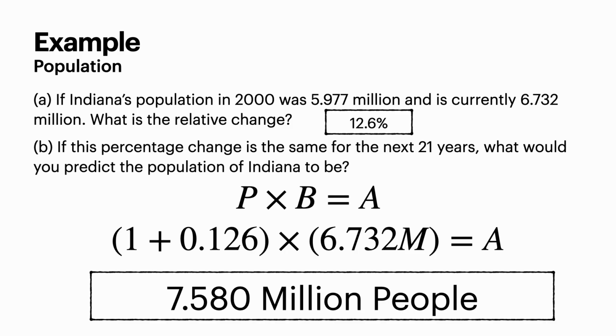So we plug this information into the formula. It grew 12.6, so if it's going to grow 12.6 again, we multiply it by the current value, and we find 7.580 million people in Indiana, and I guess that would be 2042, right?